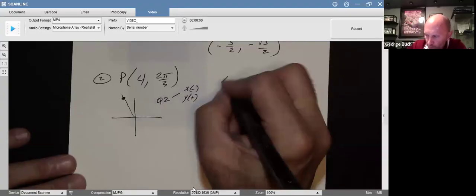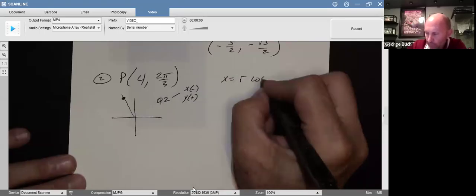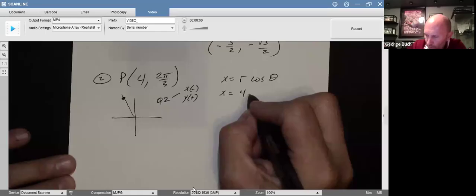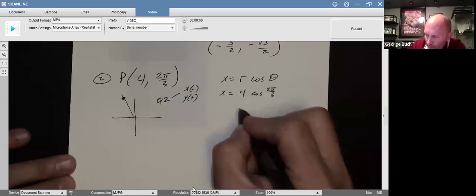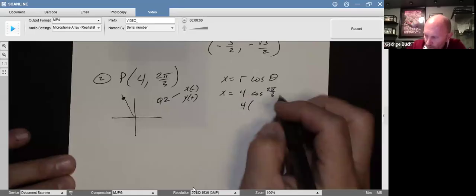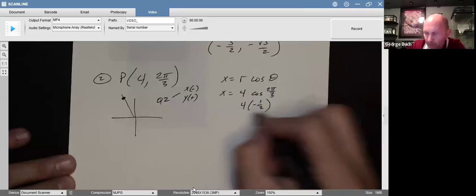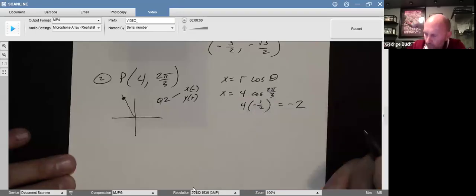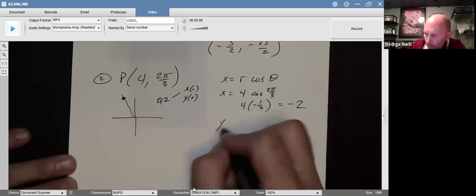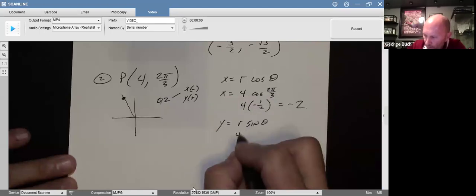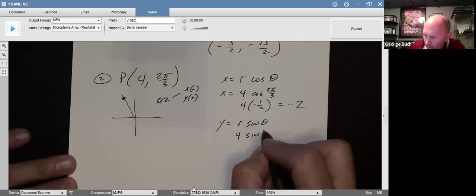X is r cosine of theta. So it's 4 times cosine of 2 pi over 3. Cosine of 2 pi over 3 is negative 1/2, so 4 times negative half is negative 2. And y is r sine of theta, so 4 times sine of 2 pi over 3.